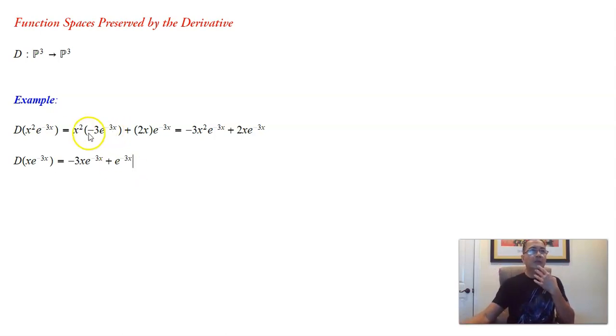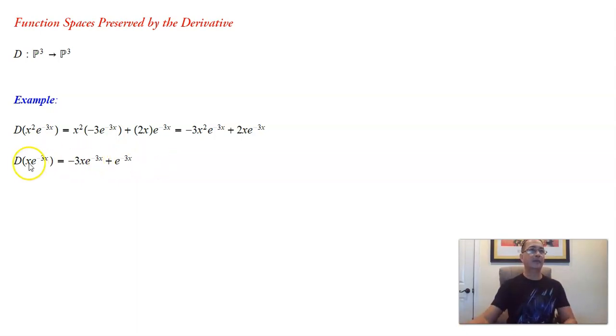Okay, so what now? If you start with x e to the minus 3x, you get minus 3x e to the minus 3x. And again, if this is already in your function space, you also have negative 3 times that function. Do we have this other function? Probably not.